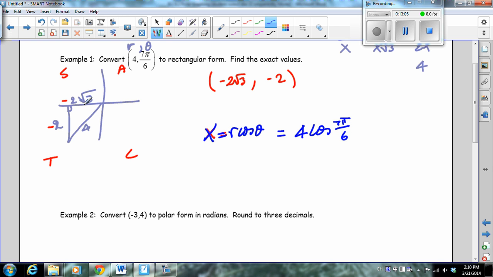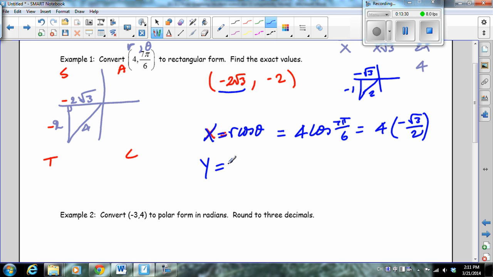But what is the cosine of 7 pi over 6? Well, you will still have to do this, where 7 pi over 6 is located here, and you will say reference angle, you will say -1, negative square root of 3 and 2, and you will say this is equal to 4 times adjacent over hypotenuse, and you will still end up with the same 2 square root of 3.